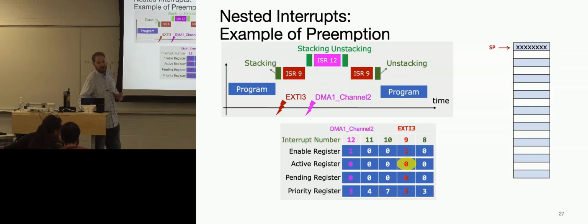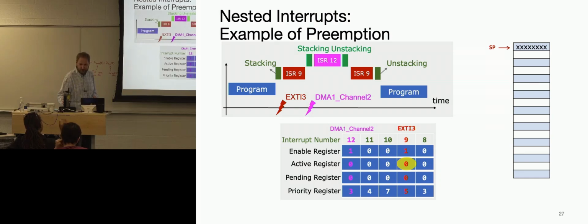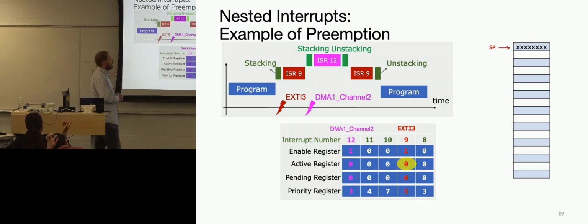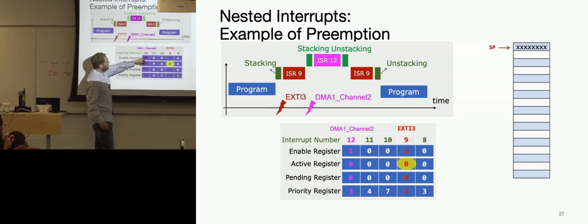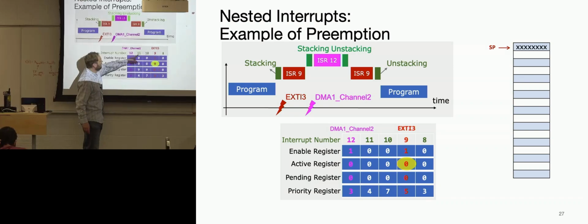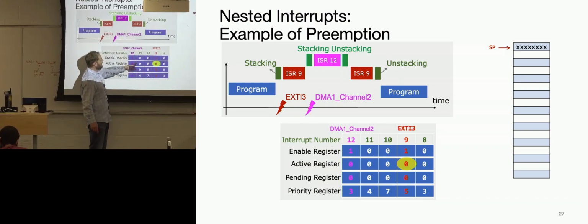Any questions? Yeah? If the other channel is not enabled, would it be possible to send signals, or you could send signals and they just wouldn't interrupt anything? So say you got IRQ 11 here. Because it's not enabled, it doesn't matter. Those IRQs can come into the NVIC all they want, and they'll just be ignored.